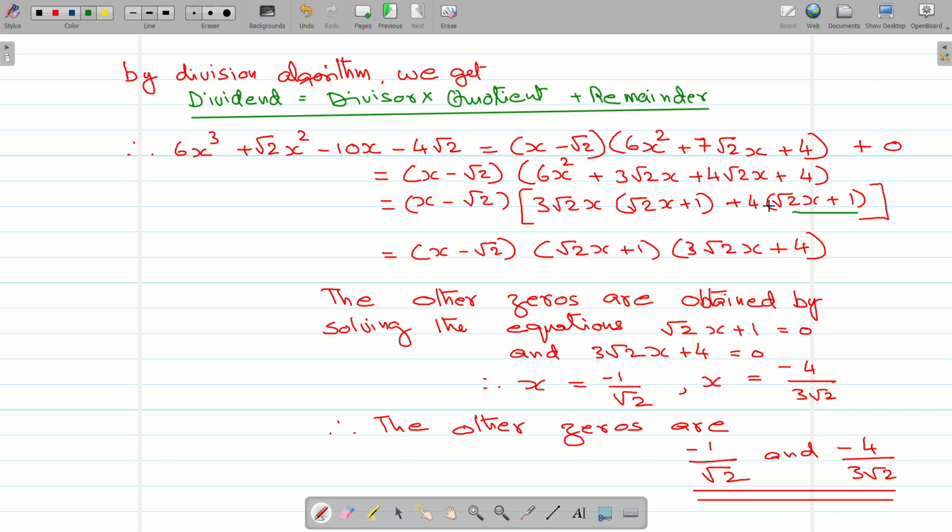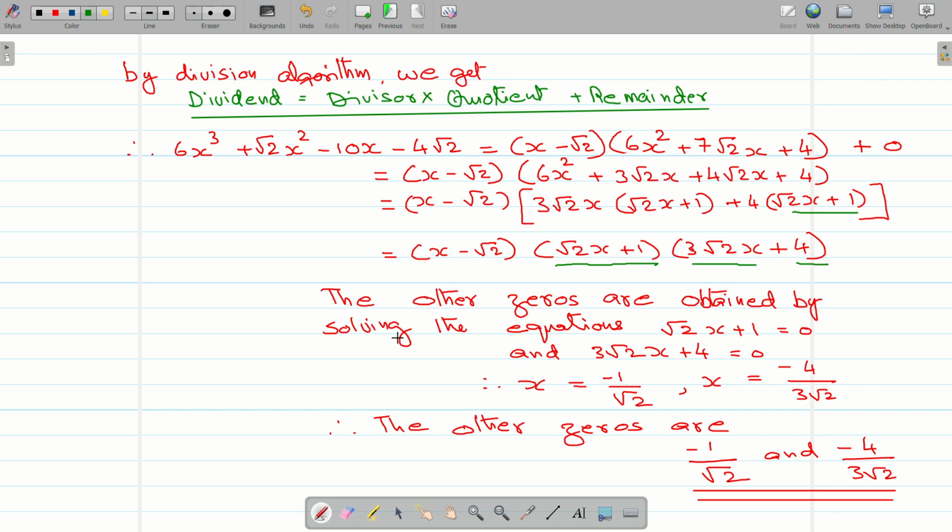So 4 into root 2x plus 1, that is equal to x minus root 2 into root 2x plus 1 is taken common. From the first term you get 3 root 2x, from the second term you get 4. So it is completely factorized, x minus root 2 into root 2x plus 1 multiplied by 3 root 2x plus 4.